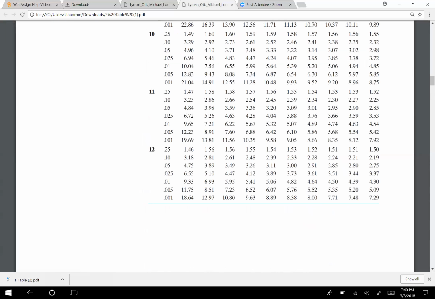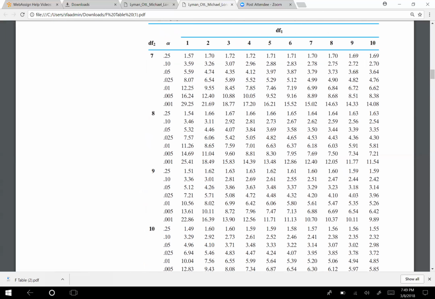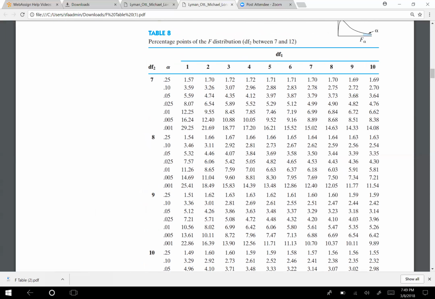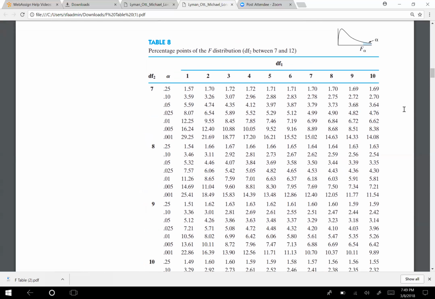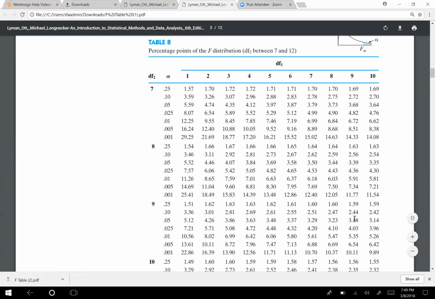Yeah, this chart kind of confused me too. It's a monster chart. And sometimes degrees of freedom 2 are on the left, and sometimes they're on the right. So I think this would be the last page right here. Yes, 9, 9, and the alpha is 0.05. So yeah, I see it there. 3.18. Okay, so good.